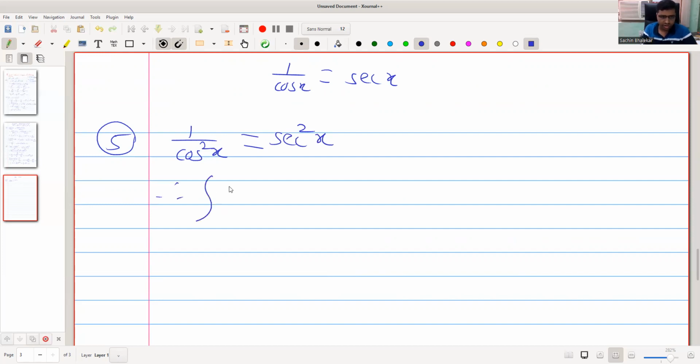Therefore the integral of 1 upon cos squared x dx equals the integral of sec squared x dx, and it is nothing but tan x, because the derivative of tan theta is sec squared theta. So plus c.